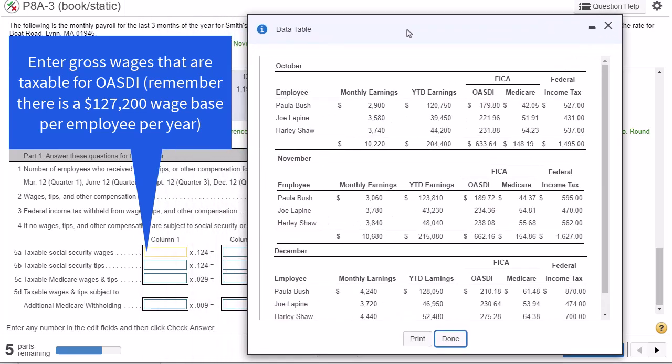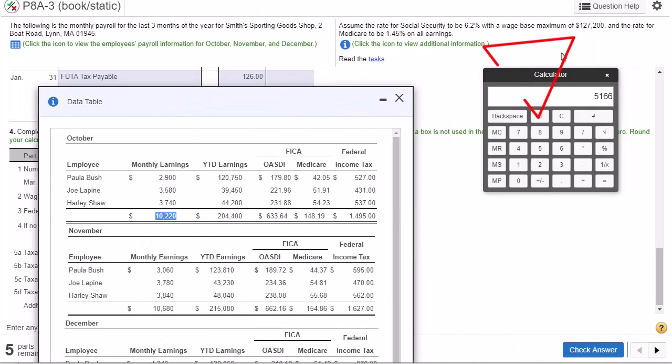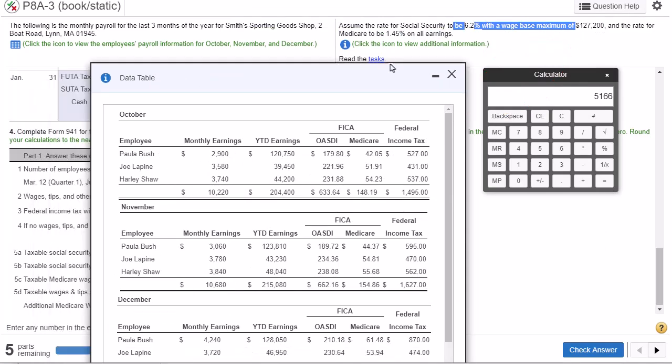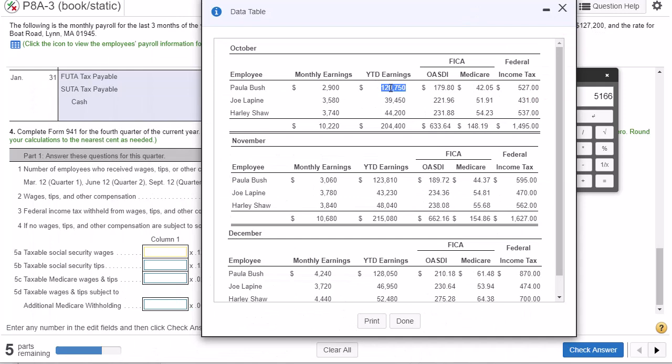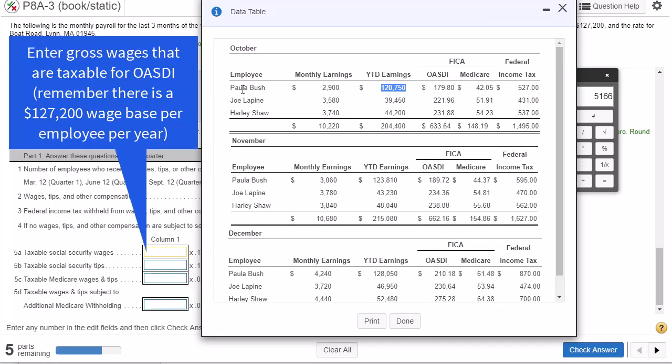So let's take these one month at a time. October, we have $10,220 of gross wages. Are all of those wages taxable for OASDI? Well, we have to remember, what's the wage base for OASDI? If you forgot that it's $127,200, it's listed right here. So let's look at the year-to-date earnings, which means the earnings for Paula as of this pay period, including this pay period.